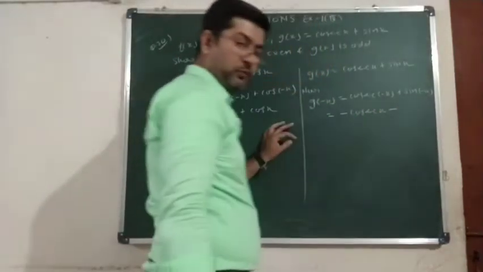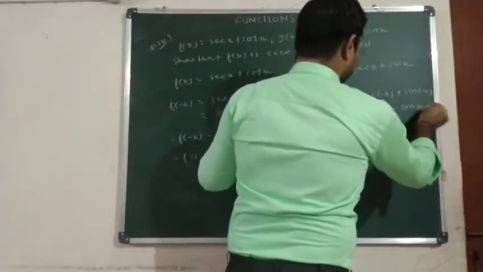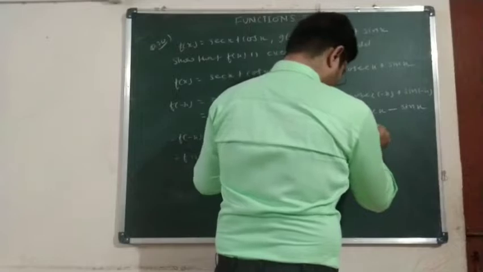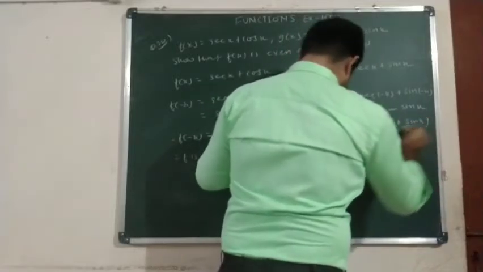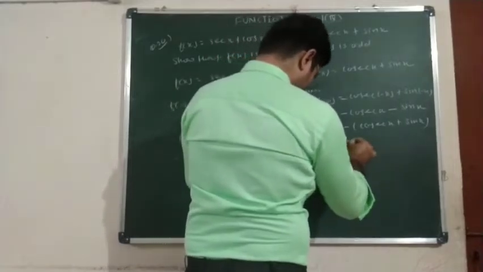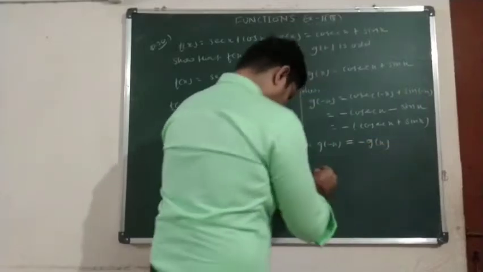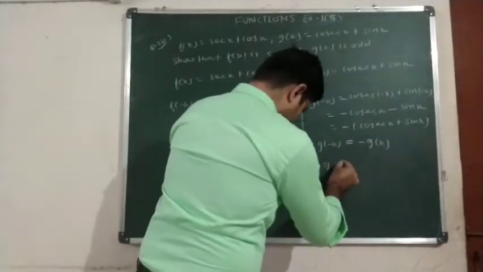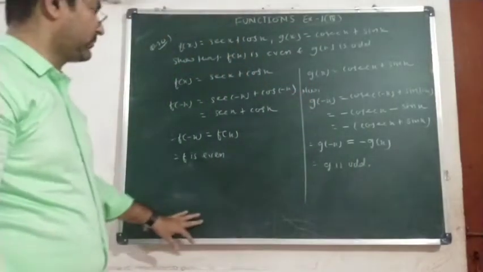Similarly sin of minus x will be minus sin x. Taking minus common we get minus of cos x plus sin x. Okay, and therefore g of minus x is equal to minus of g of x, and therefore g is an odd function. Please note down.